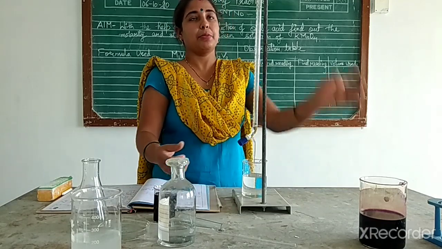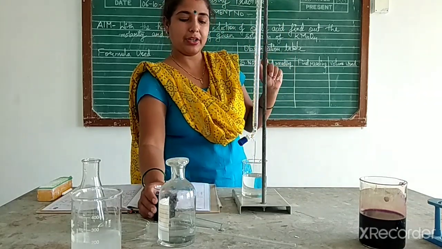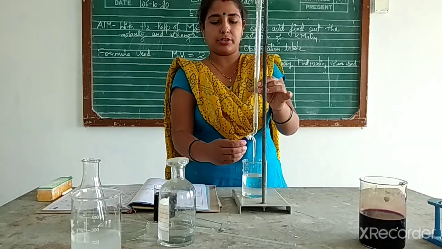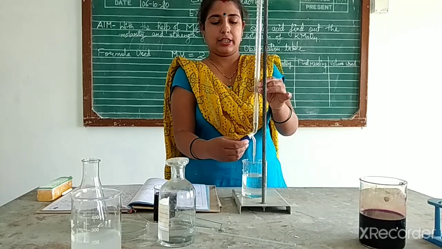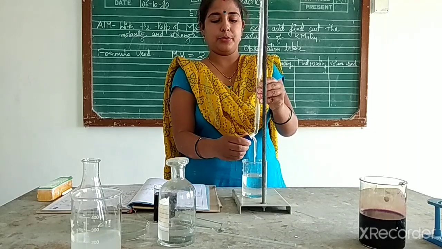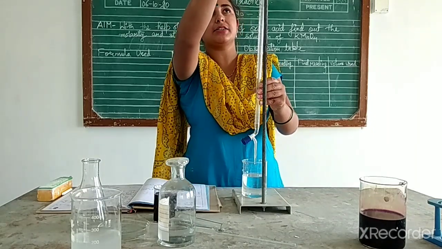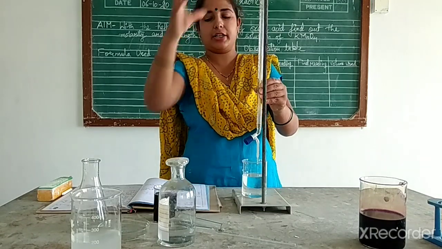See, with the help of the funnel, I'll fill the burette. First of all, I'll close the knob of the burette and then I'll fill the burette up to the reading 0. 0 is written here.